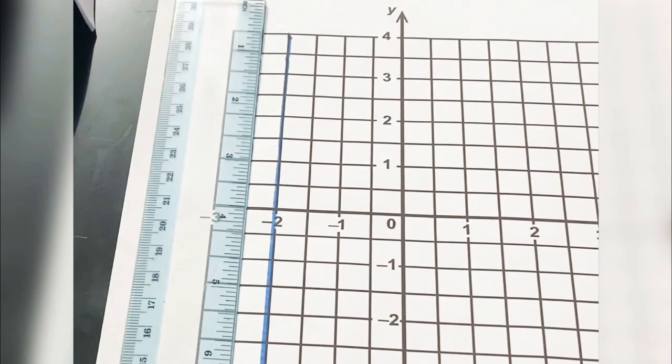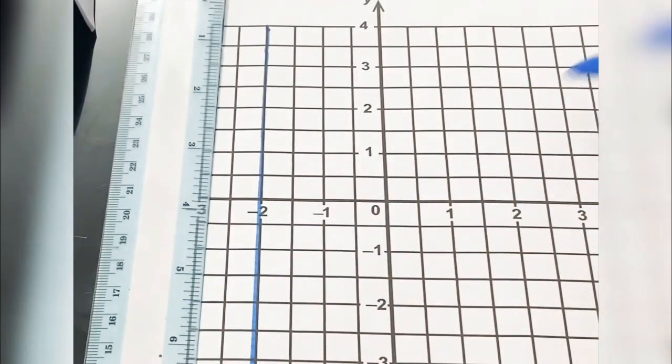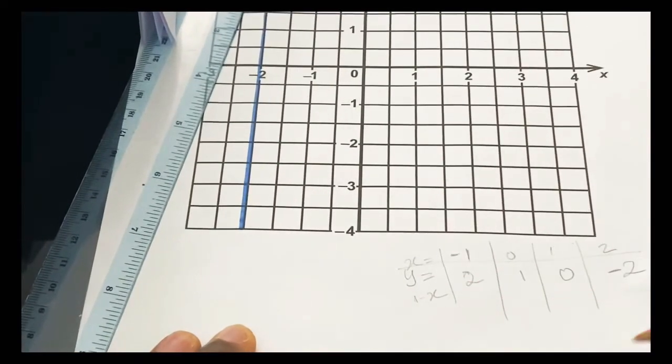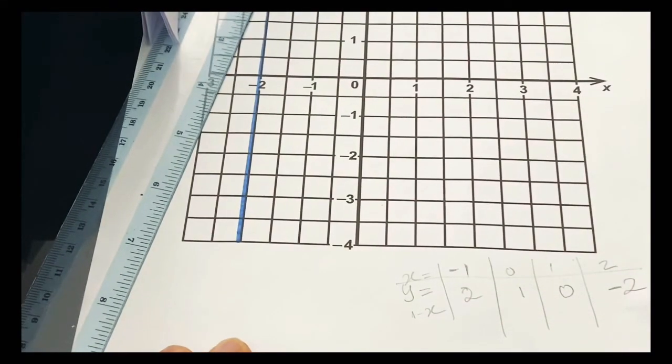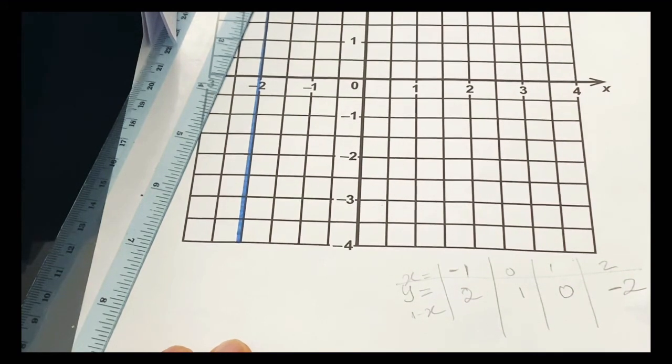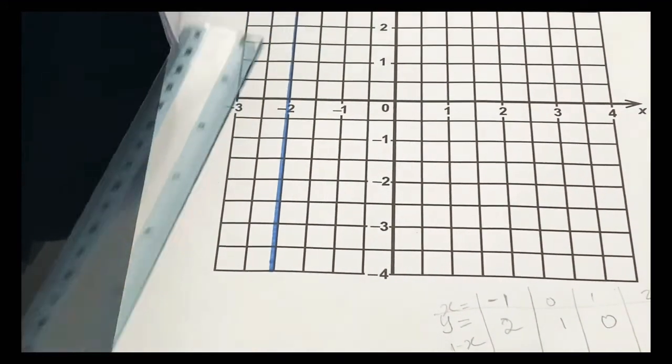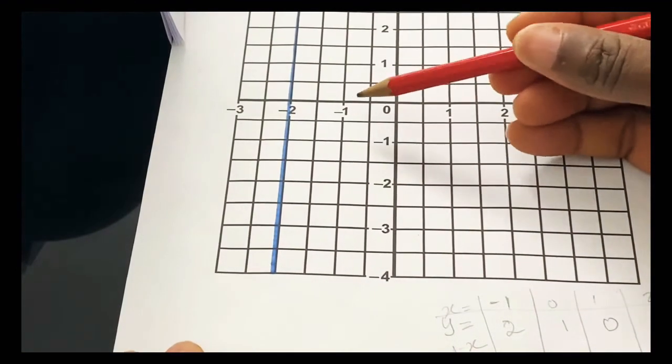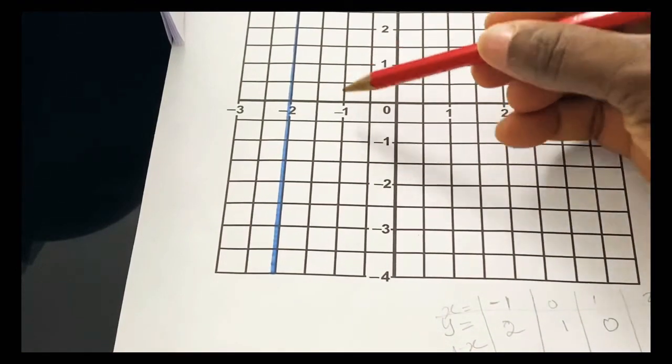So the line y is equal to x is that one going that way, but I'm going to put some numbers in. I've made a little xy table, and I'm going to use those values to plot them and get that graph done now. When x is -1, y is 2.